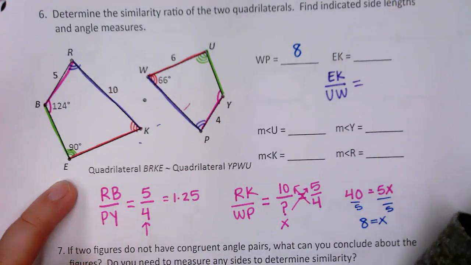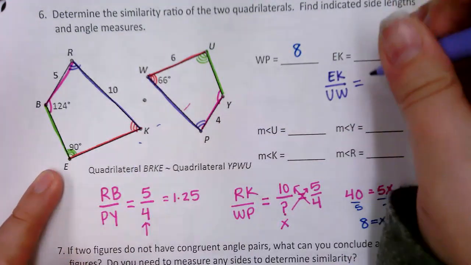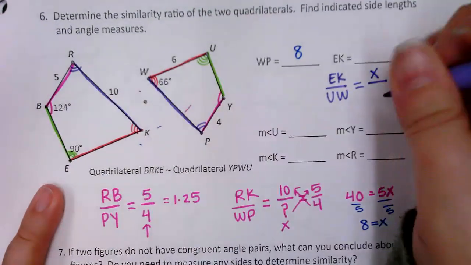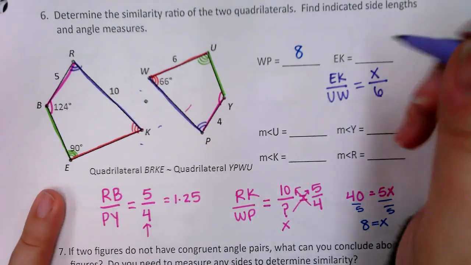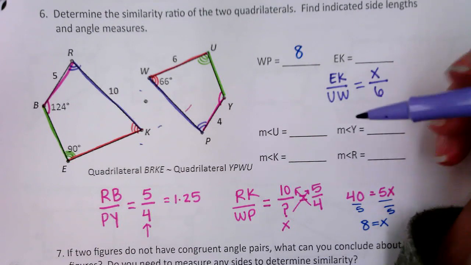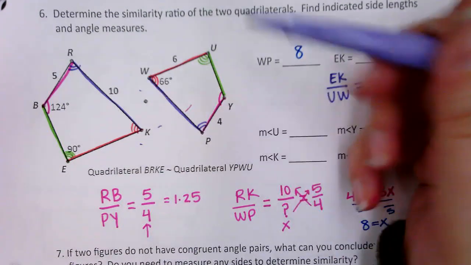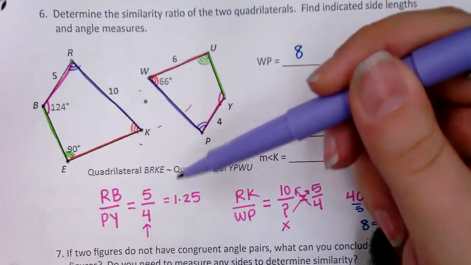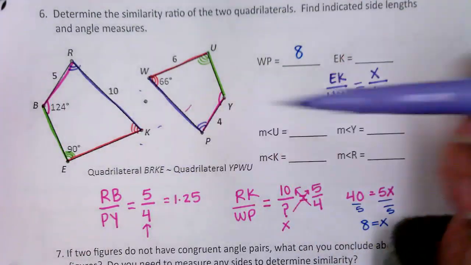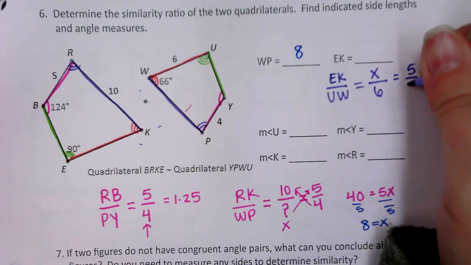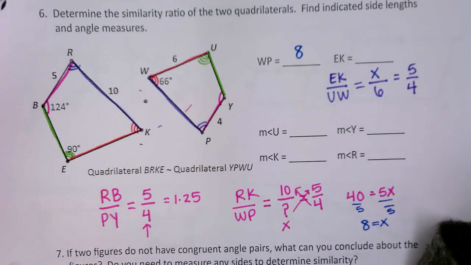And we'll plug in what we know so far. So we don't know EK. Again, I'll let that be X. But we know UW is 6. So it's X over 6 so far. Now we know that every similarity ratio in the same problem is going to be equal. So I could say that this one is equal to 5 over 4.